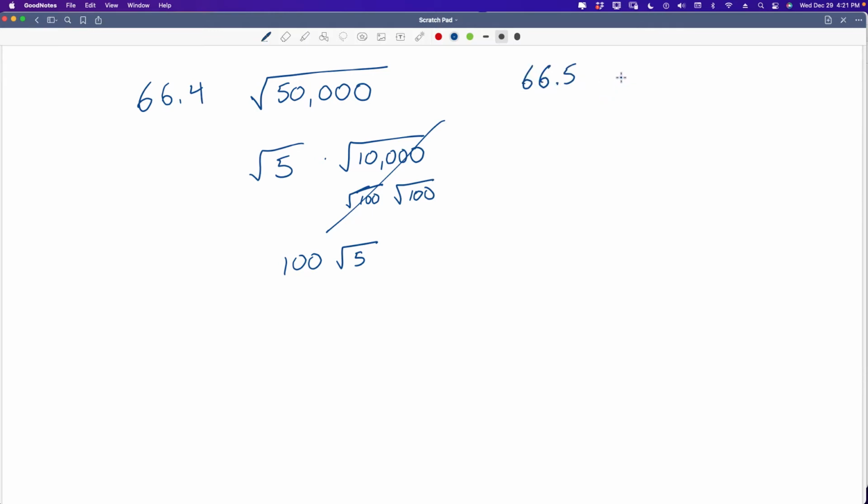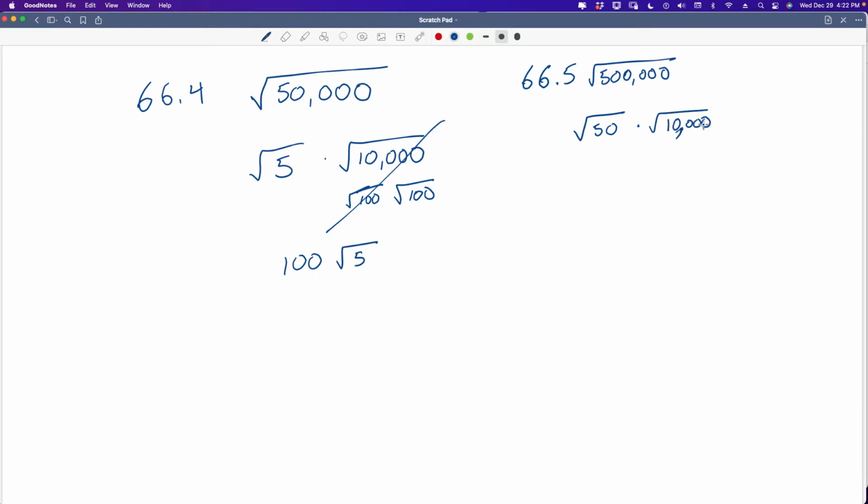Okay, let's do 66.5. And we have the square root of 500,000. Well, now we have 5 zeros. So let's split that up into 4 zeros and 50. So we have 50 times 4 zeros. Right?